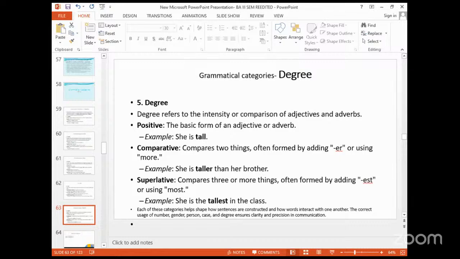And the superlative form is used when an entity represents the highest possible state of the quality represented by the adjective. Right, if you look at it, the positive, the basic form, the tall, she's tall. Tall is just the basic form.